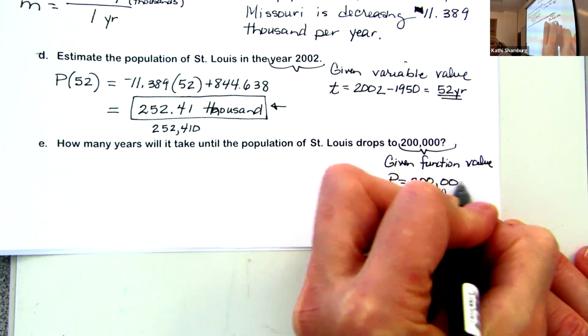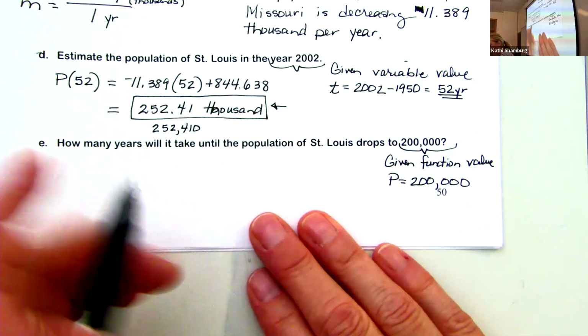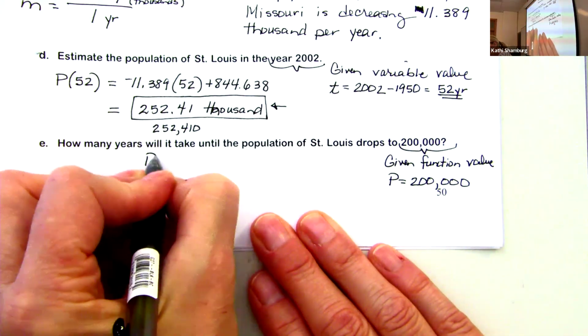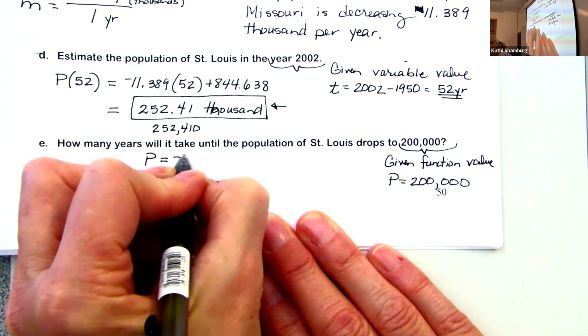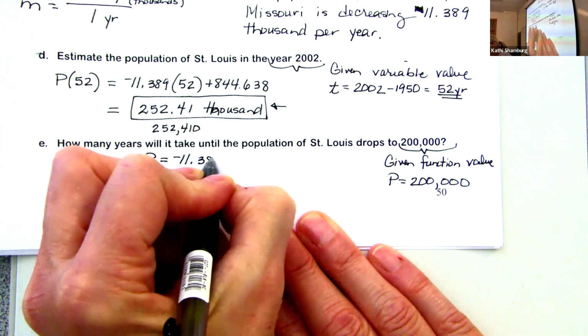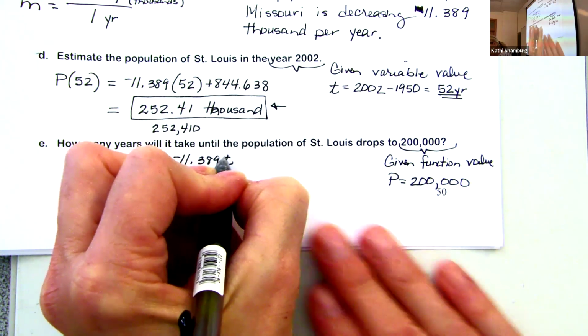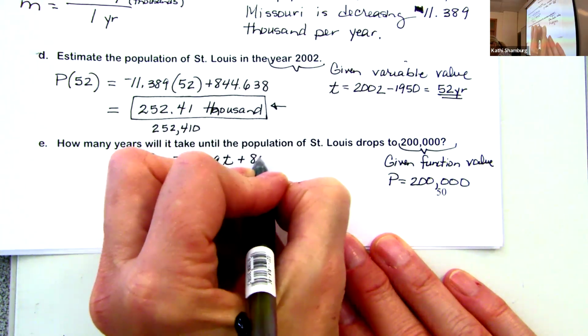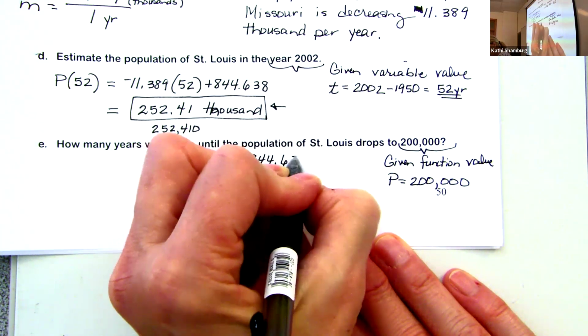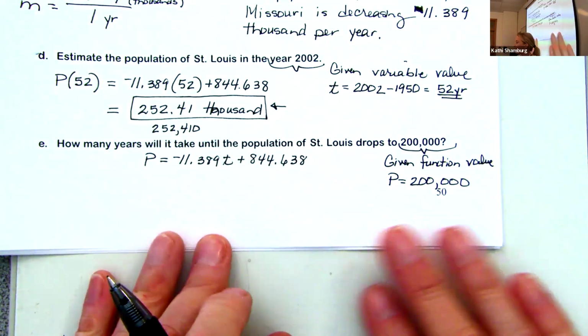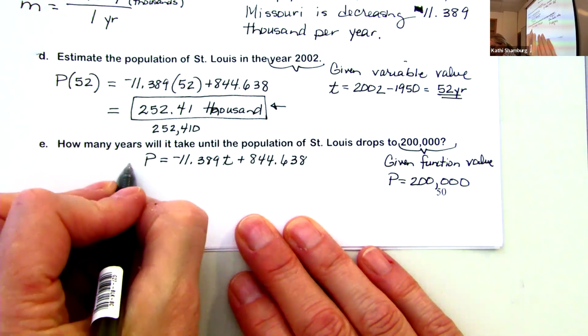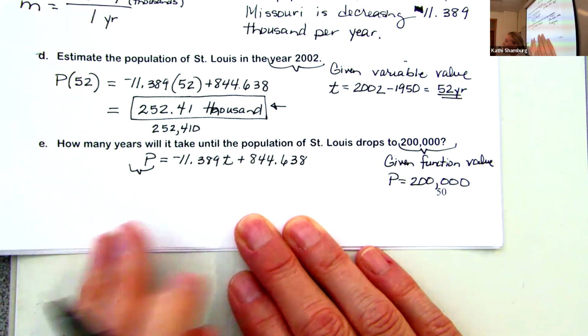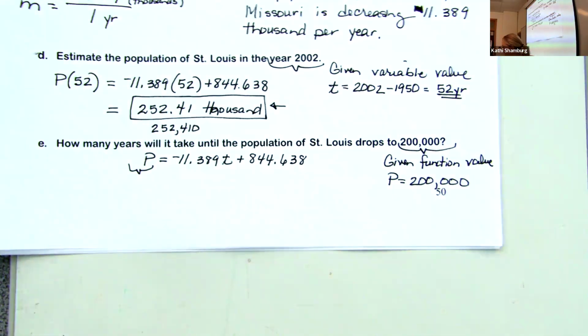Here's what we were given. So when I go back to my equation, P equals negative 11.389 T plus 844.638. Does anybody know why I don't want to put the number 200,000 right there?